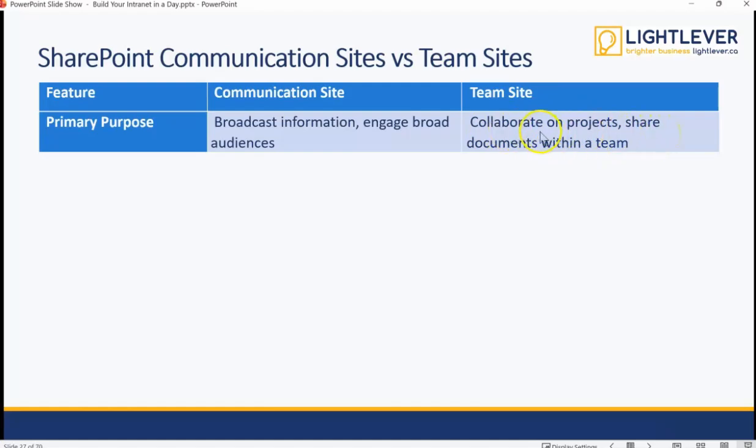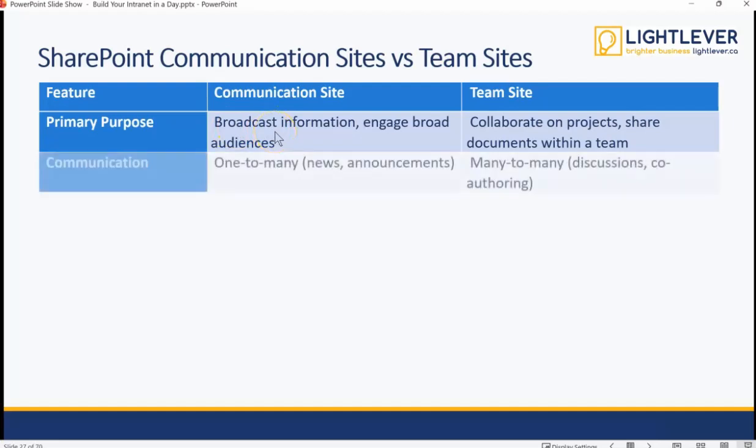So primarily collaboration versus primarily broadcasting information. From a communication point of view, communication sites are designed for one person to many persons communication, news and announcements. So again, it's not usually one to many, of course, it's maybe a few people that manage the communication site and many people that consume that information.